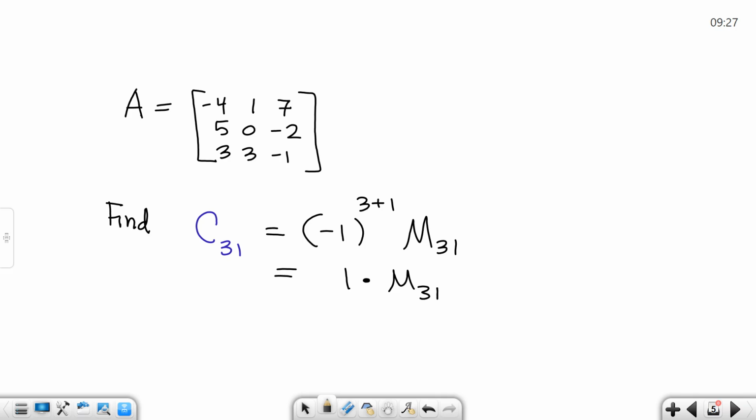Times M31. Okay, so now we need to find M31. So I'm going to take out my third row, first column. And what that leaves me with is 1, 7, 0, negative 2. I already took care of the sign right here. It was positive. So that answer is going to be negative 2.